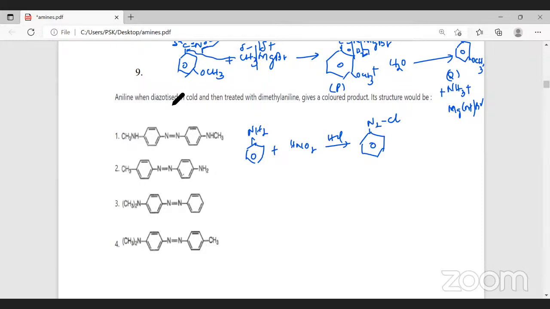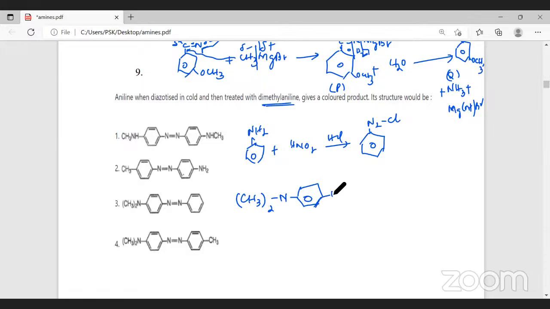Now, dimethyl aniline: the formula of dimethyl aniline is CH3 twice, N, and a benzene ring. C6H5NH2 is aniline. These two hydrogens, if you replace them by CH3, we call it dimethyl aniline.